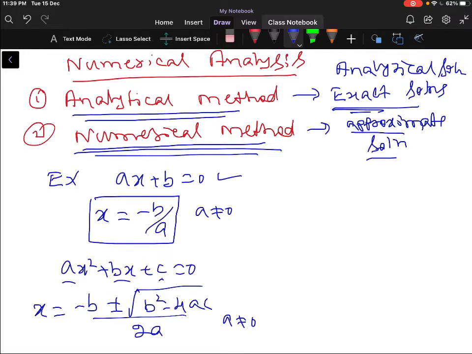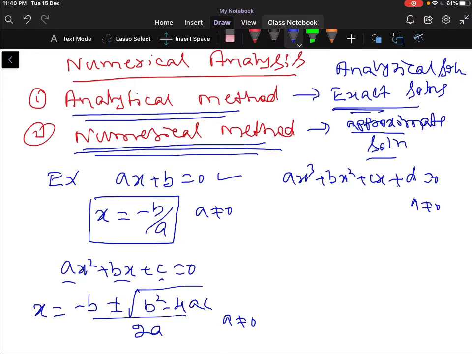Okay. Suppose it is a cubic equation, ax cube plus bx square plus cx plus d is equal to 0, a is not equal to 0, here a, b, c and d are real numbers. So even then we can find the exact solution for the cubic equation as well as the biquadratic equation.